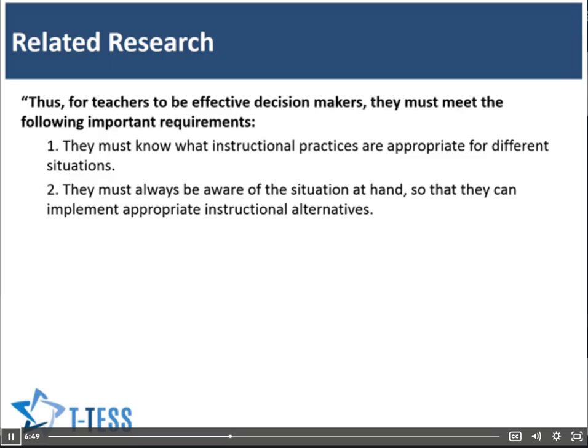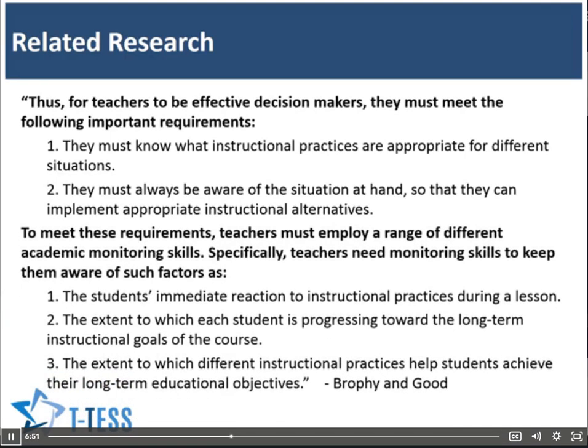Now read through this second piece of research. When we look at the second piece of research, we can see that data and assessments is directly tied to this dimension of Monitor and Adjust.